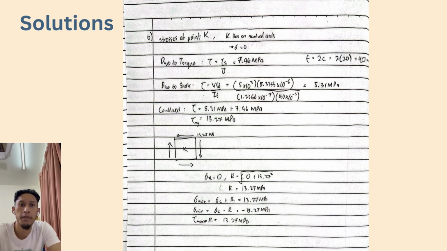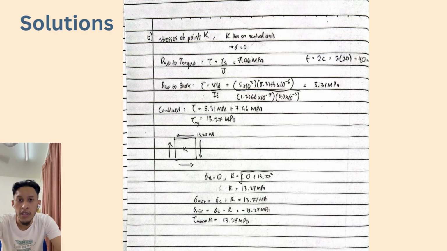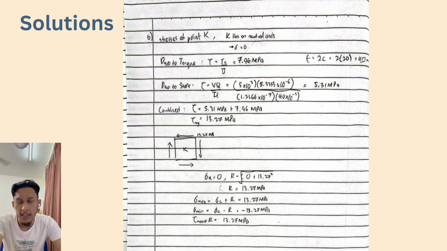So the max principal stress we can calculate from the formula earlier, where the center is stress x. Stress x, we got 0. So the center is 0.